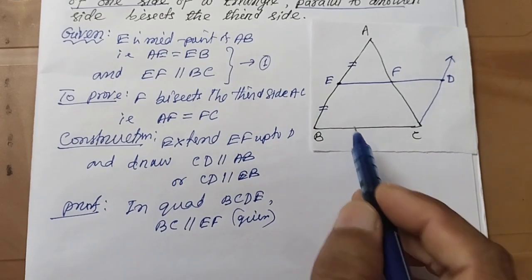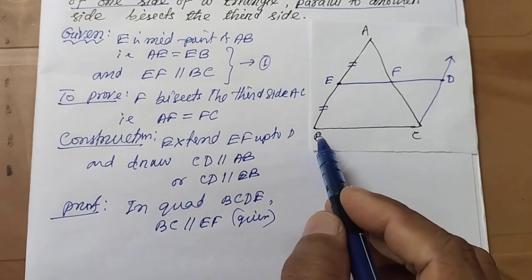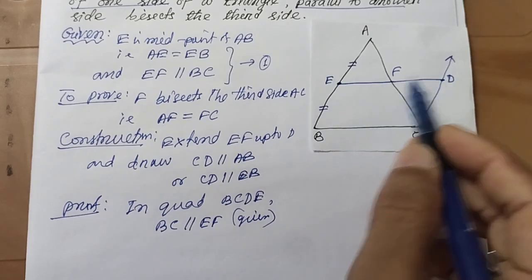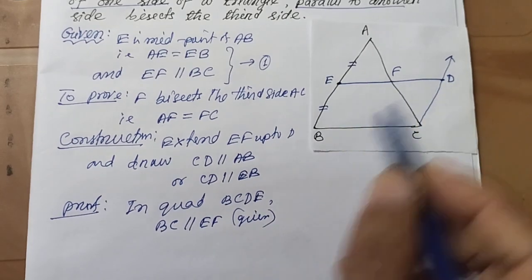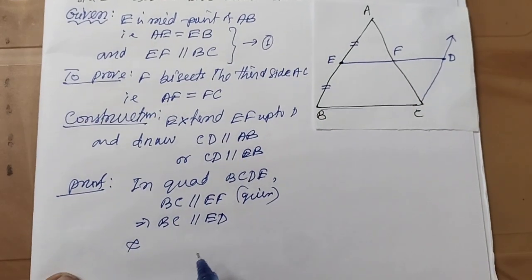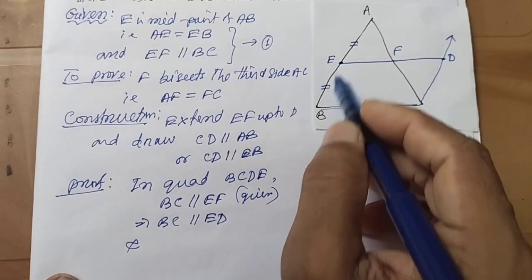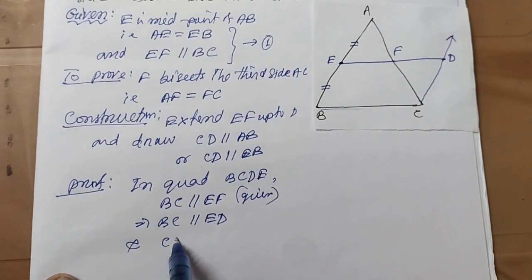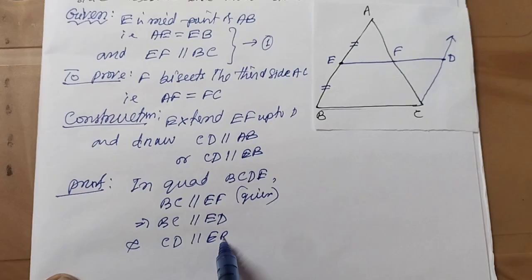If BC is parallel to EF, we can say BC is parallel to ED also, because EF and ED are the same line. So this implies BC parallel to ED. And EB is parallel to CD, it is by construction.